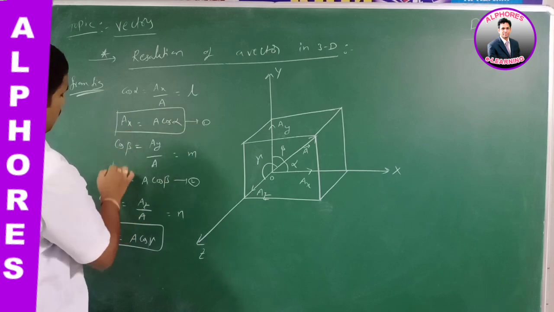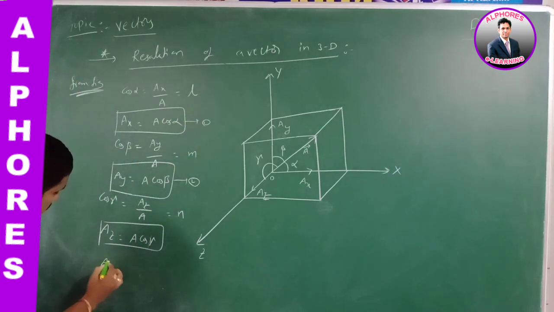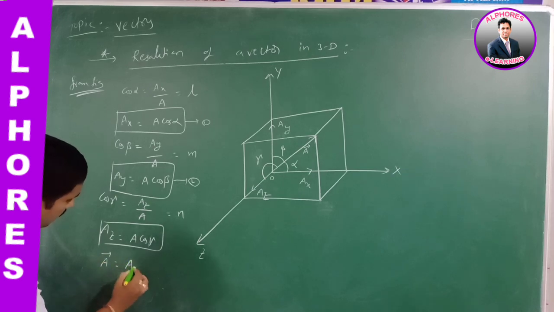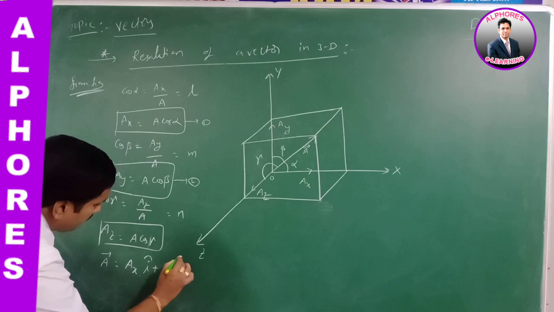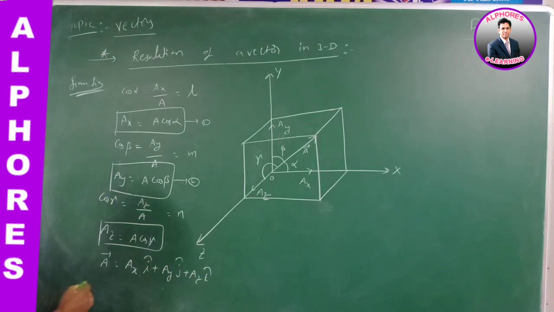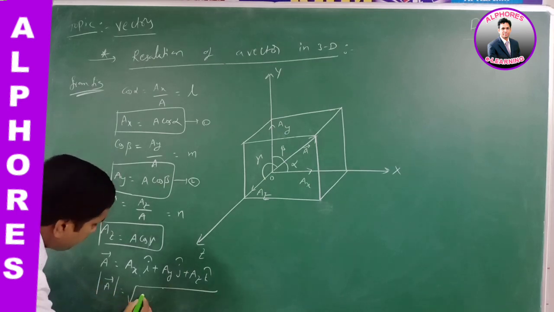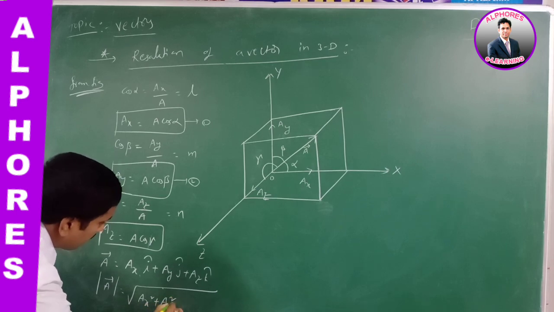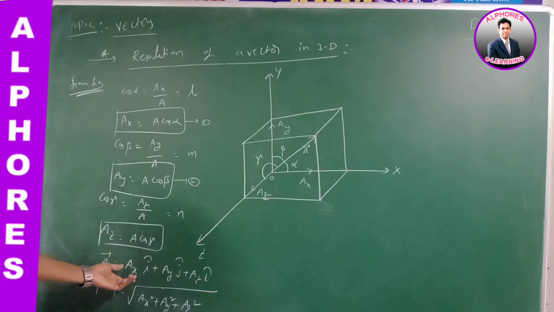After getting these components, a bar is equal to, as per vector addition, ax i cap plus ay j cap plus az k cap. Then what is the magnitude of this vector? As per the concept, root of ax square plus ay square plus az square. So this is the magnitude of this vector.